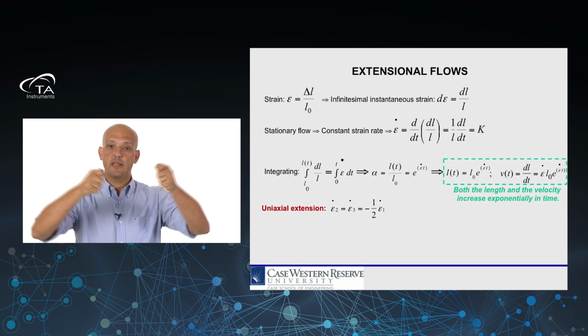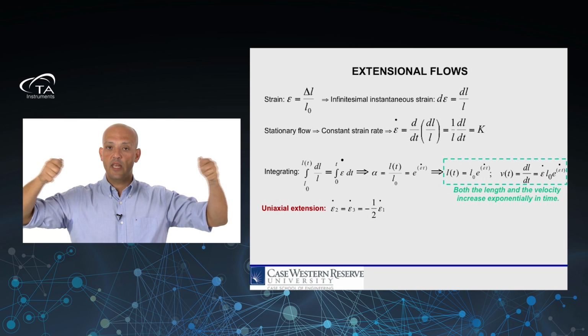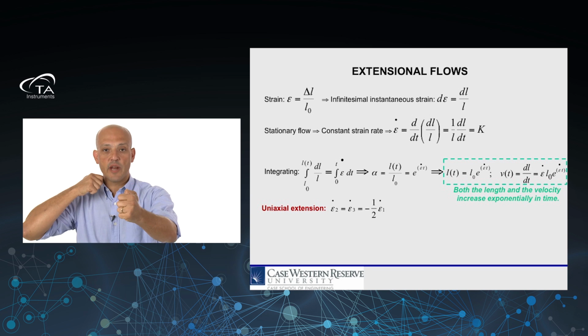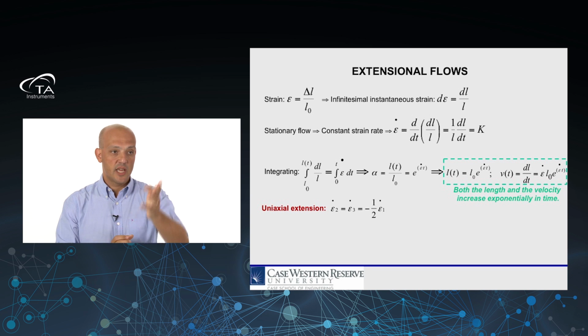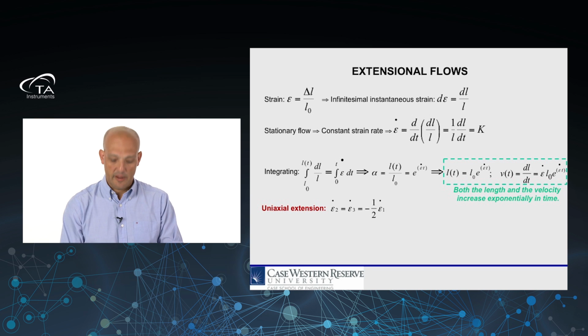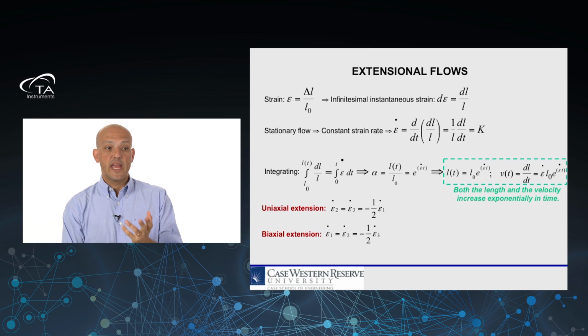So if I'm stretching at 10 reciprocal seconds in the x direction, the material will contract at 5 reciprocal seconds in the y and z directions, as you can see there. The strain rates in directions 2 and 3 are minus 1/2, which means that they are contracting at half the rate. Biaxial extension, now we're stretching.